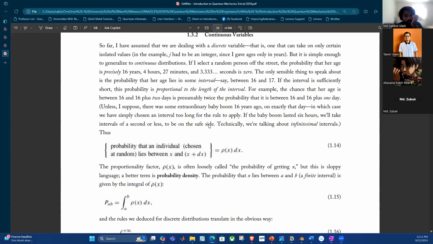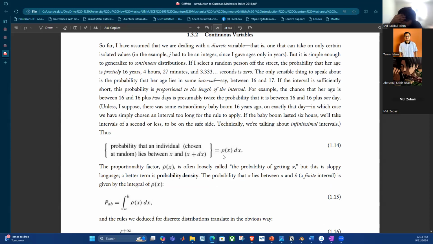Okay, it is a continuous variable. That is the sigma x. That is the rho x. In the previous case our variable age was a discrete variable, and if it is continuous, that means it is continuously going on, it is not discrete.